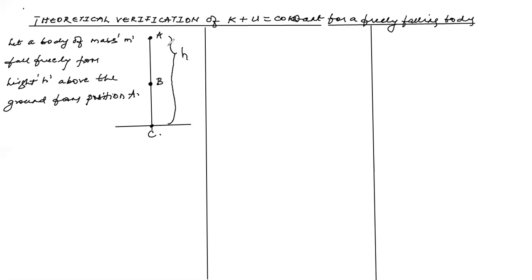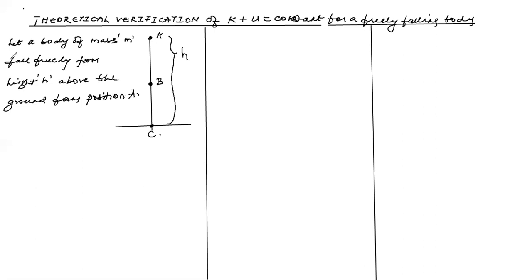So throughout the motion, the sum total of kinetic energy and potential energy will be equal to the potential energy it had at A. At every point during the motion, even though potential is getting transformed to kinetic, the sum total of potential and kinetic energy will be equal to the potential energy the body had at A. And this is what I'm going to show you: K plus U is constant for a freely falling body.